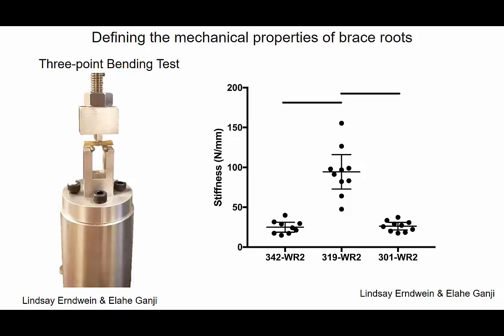So if we look here at stiffness, this would be World 2, which is basically node 7. And we see that these two are approximately the same, and this one has much higher stiffness. So what we want to do now is take this information and ask how it relates to how well these brace roots stabilized the plant.